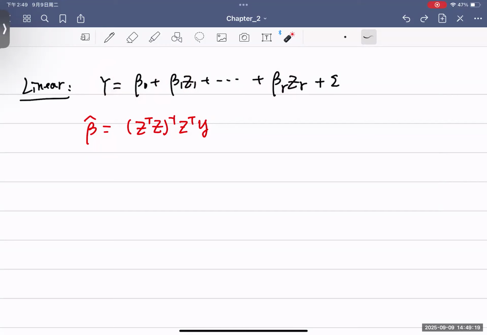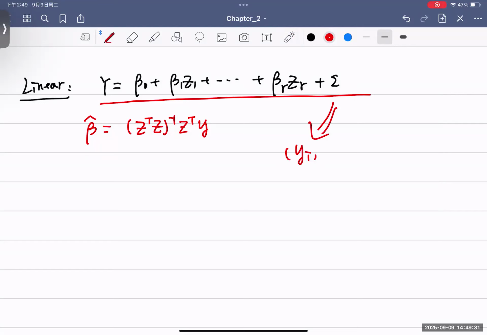And now what we observe is only part of the data. We just follow this model and obtain some type of data. Now we use this data to calculate the least square estimate.